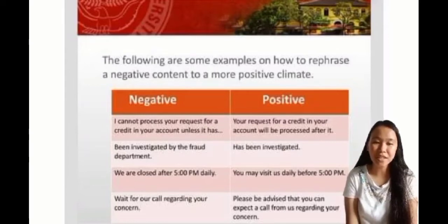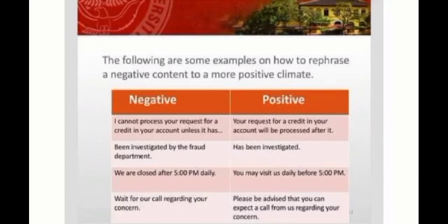An example of this is the helping verb be. For example: I cannot process your request for a credit in your account unless it has. It can be kinder in a way like this: Your request for a credit in your account will be processed after it.